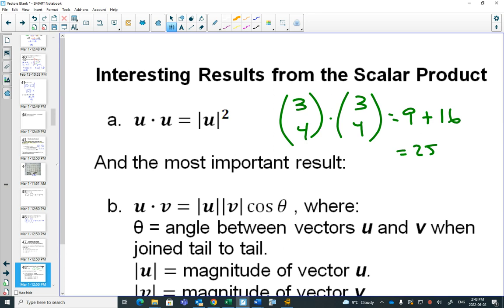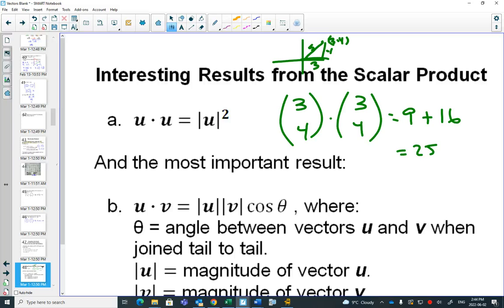And if you think about the vector 3, 4, that makes your 3, 4, 5 triangle. The length of that would be 5. And when I do the dot product, I get 25, which is just the length squared, because it does a squared plus b squared. I mean, you could do a squared plus b squared equals c squared.